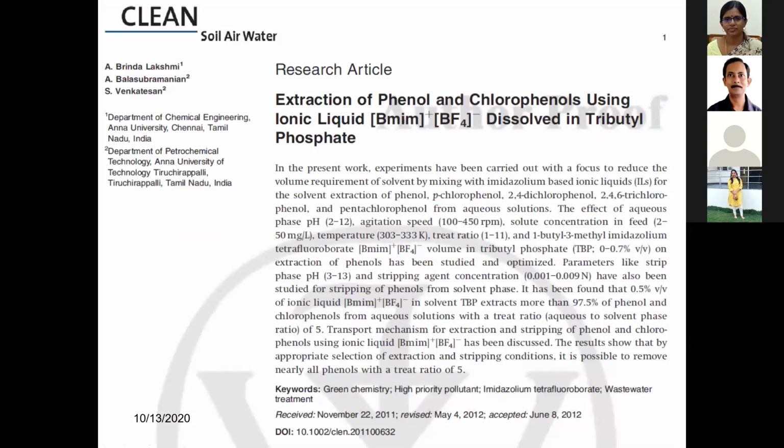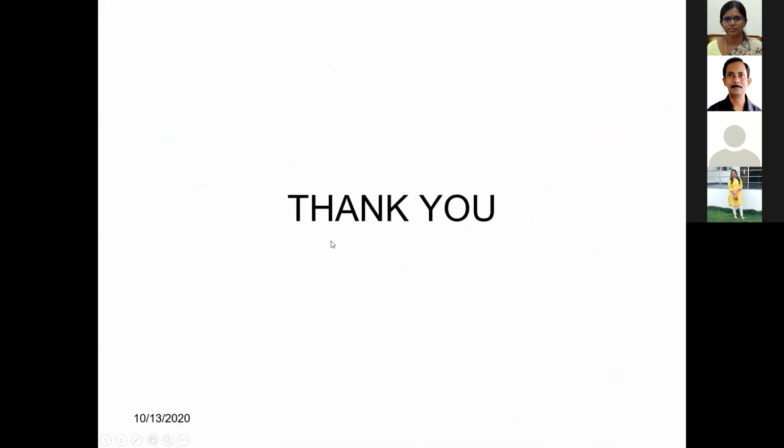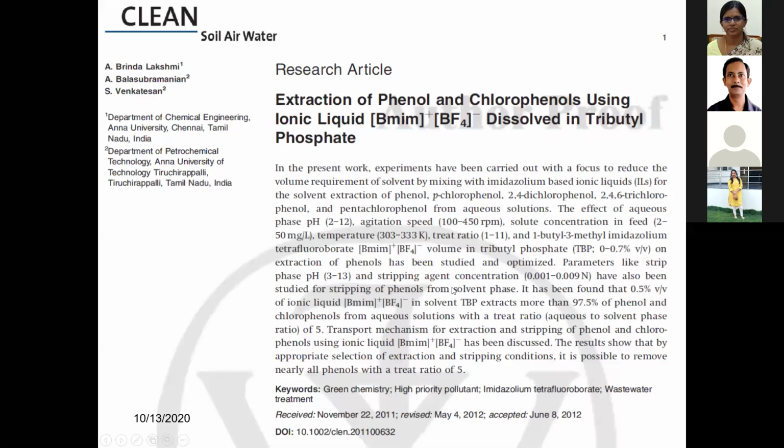The membrane consists of tributyl phosphate with 1-butyl 3-methyl imidazolium hexafluoroborate, which we made as a complex. That complex has been used for extraction of phenols and chlorophenols from wastewater, and we have reported it. This is another candidate of mine, who has completed her research, and it has been published. This is part of the work.